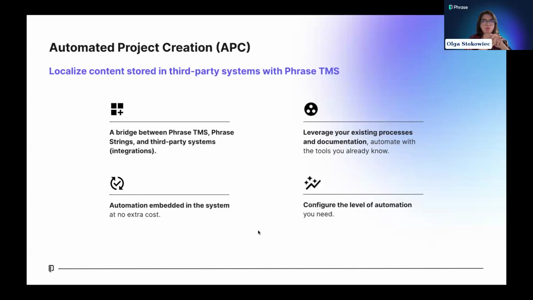And it really allows users to benefit from the whole platform experience that Phrase is offering. So if the content lives in Phrase Strings or it lives in any of our integrations, users can still happily leverage all the benefits of the full-fledged translation management system.